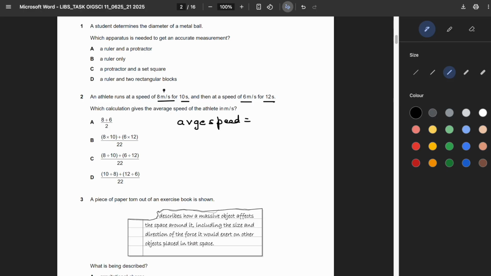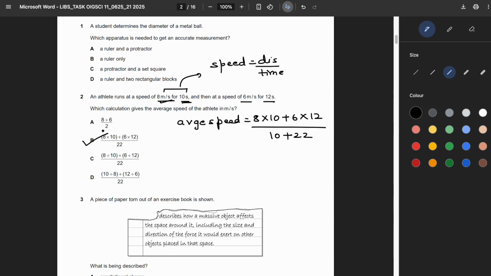But now the thing is, do I have the distance? Yes, I can calculate the distance because I know that speed is equal to distance over time, right? So distance is speed times time, means 8 times 10, that will give me the total distance. Then you have speed times time, that is the other one. And what is the total time? That is 10 seconds plus 12 seconds. That is 22 seconds. It is your B option.